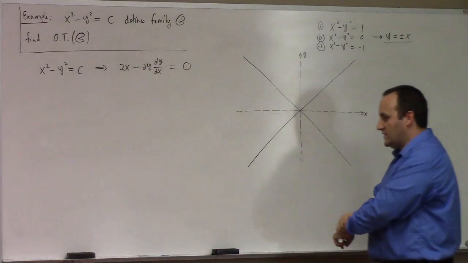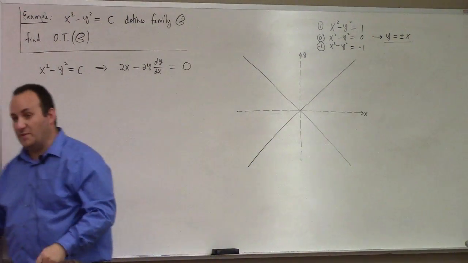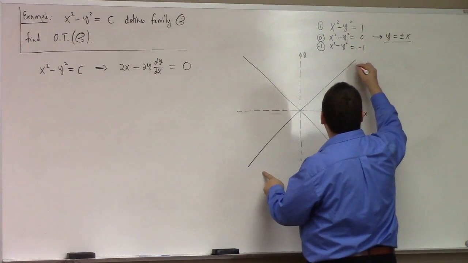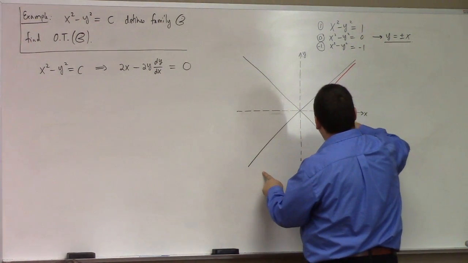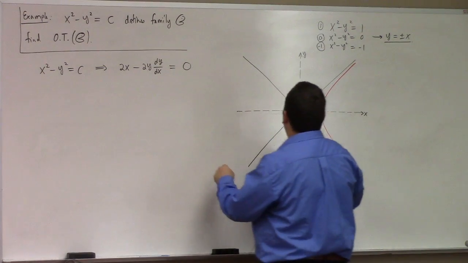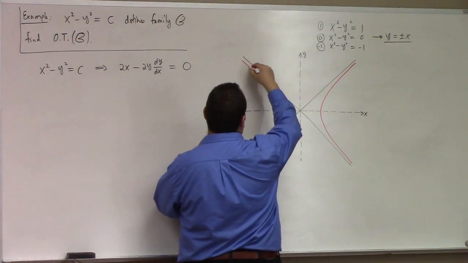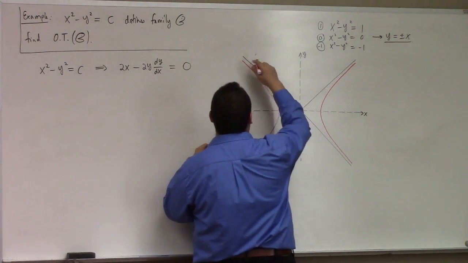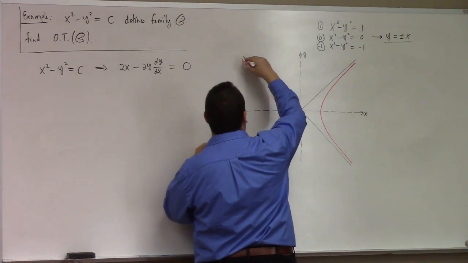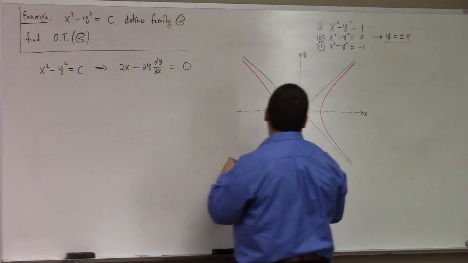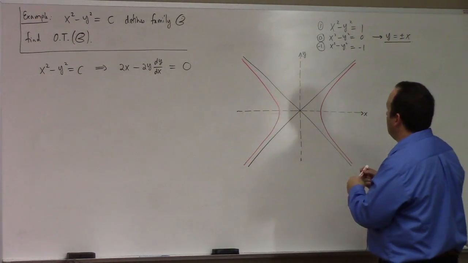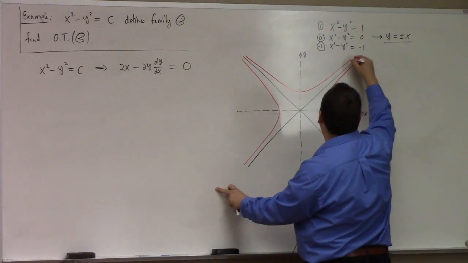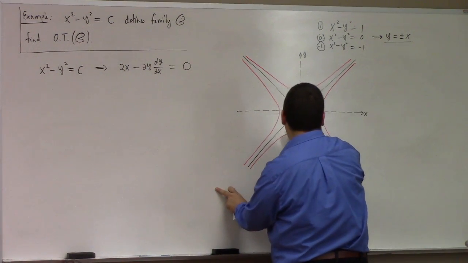In other words, it's a hyperbola which opens which way? Like this, right? That was supposed to be symmetrical. Oh well, I tried. And then, of course, the minus 1 are actually these guys up here. All right? And these guys down here.